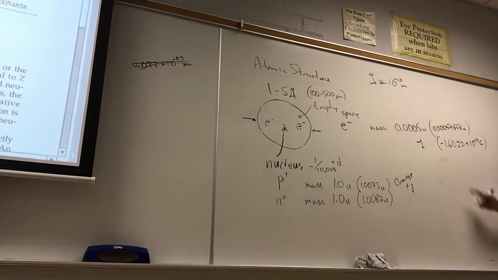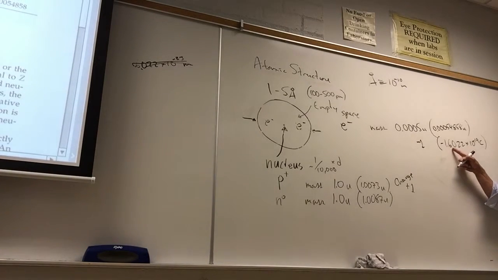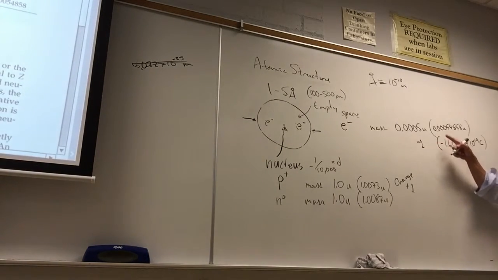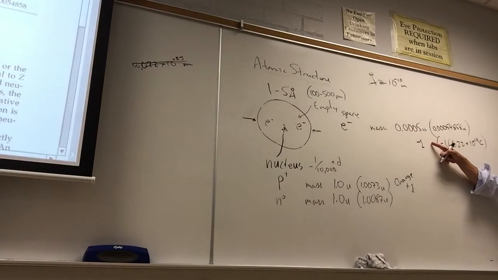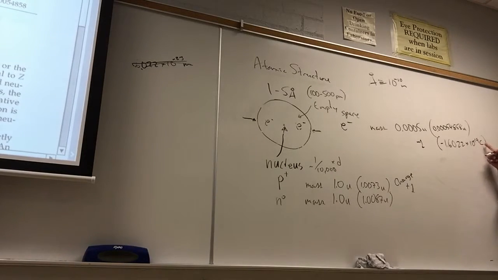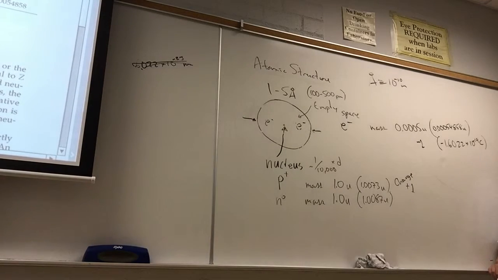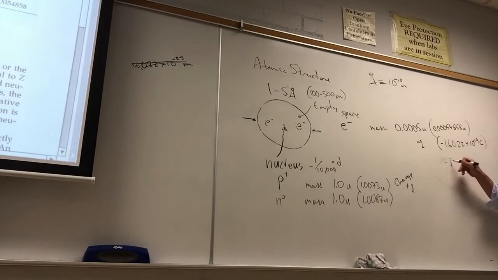And so let's say I don't want -1.6, I want -2.0. Is -2.0 an allowed unit of charge for the electron or a forbidden unit of charge for the electron? Can I have -2.0 times 10 to the minus 19 coulombs worth of charge? No, it's forbidden. Why is it forbidden? Because the next allowed unit of charge would be -3.2 times 10 to the minus 19.